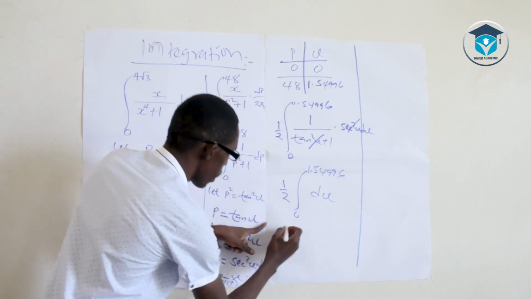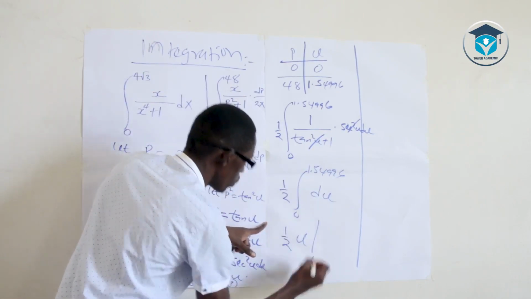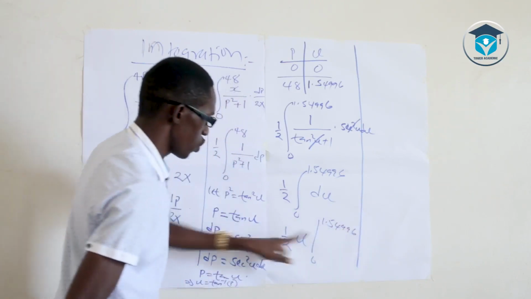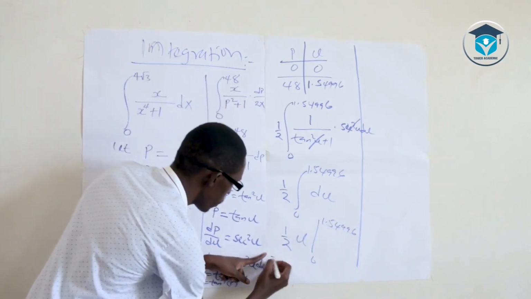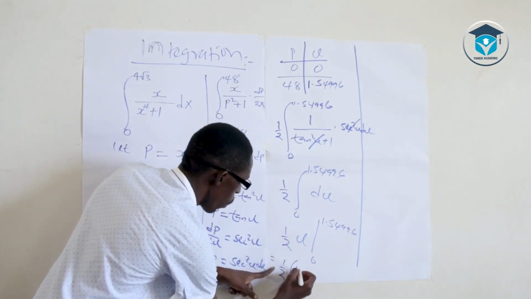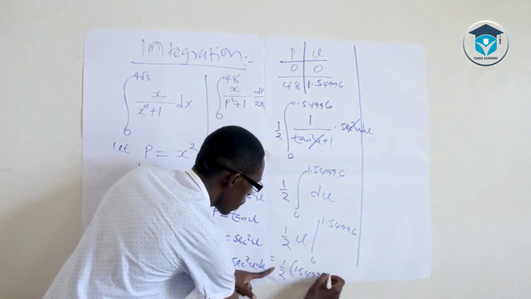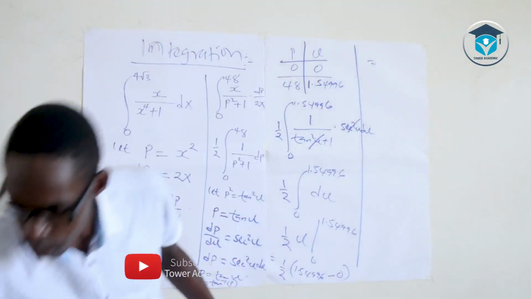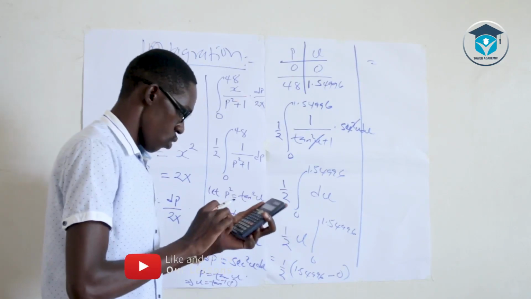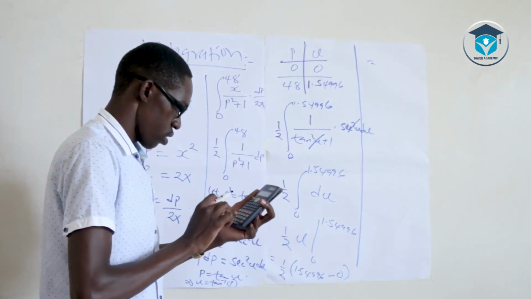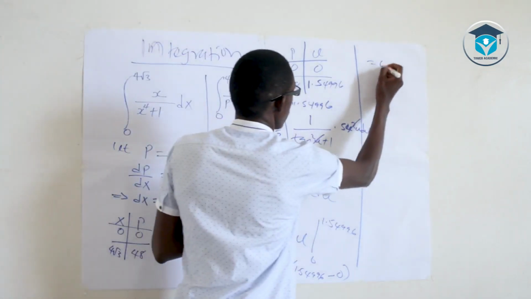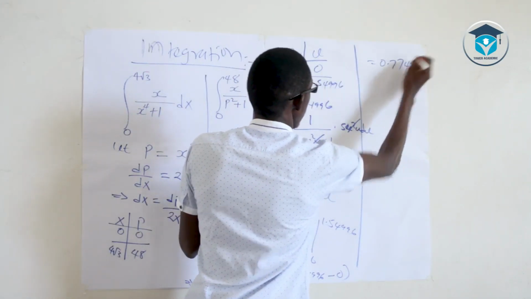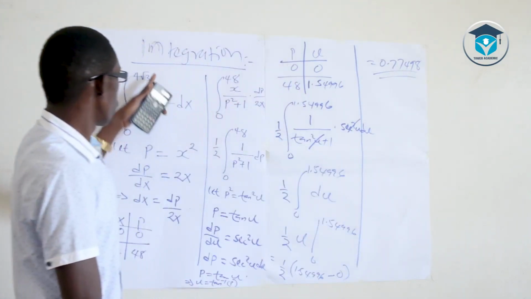When you integrate this, we get a half u, with limits from 0 to 1.54996. We substitute in the limits, giving a half times 1.54996 minus 0, and our answer is 0.77498. And that becomes the value of this integral.